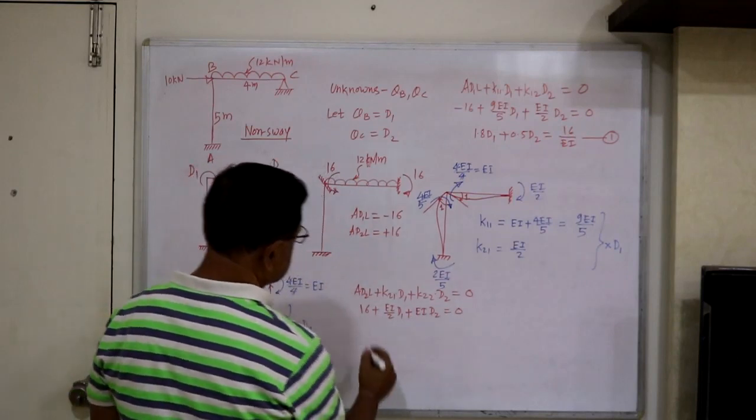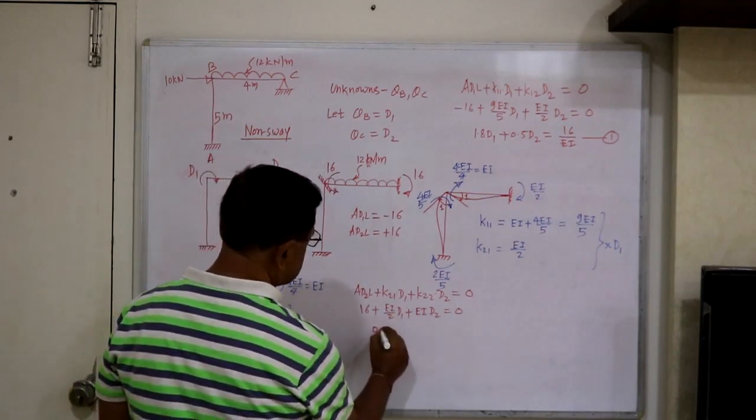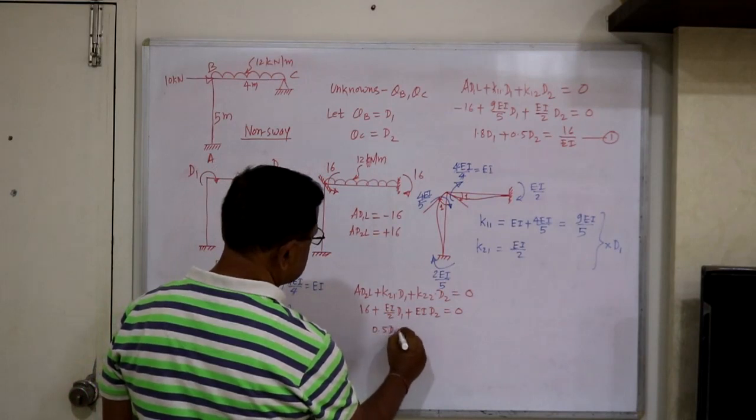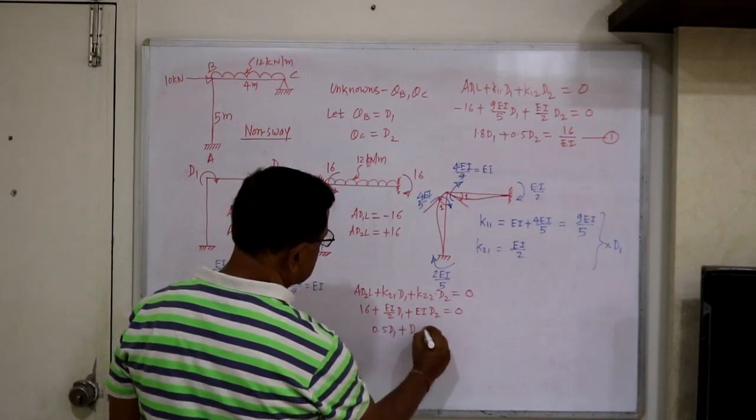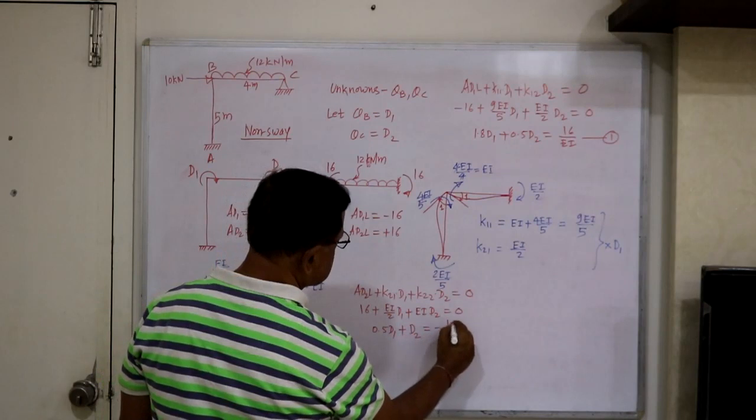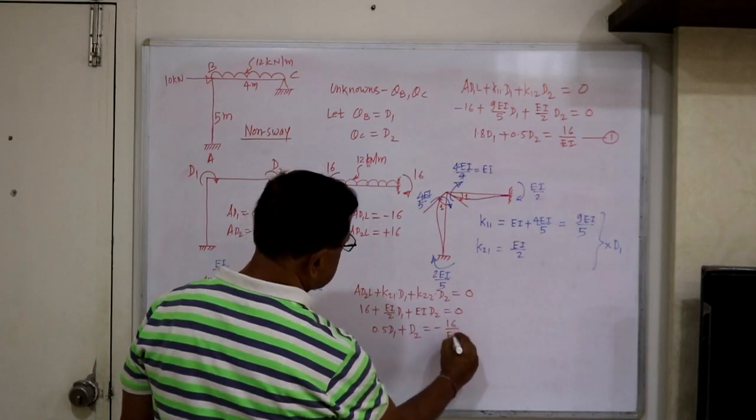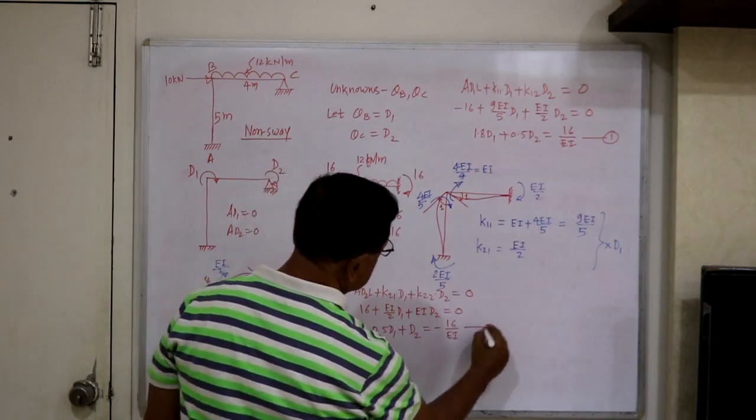So this is 0.5 D1 plus D2 equal to minus 16 upon EI, equation 2.